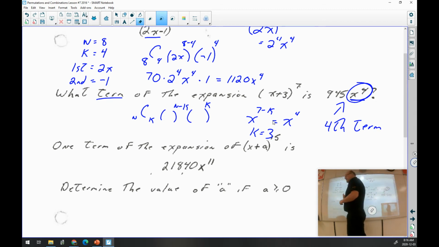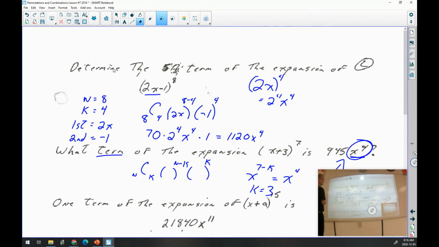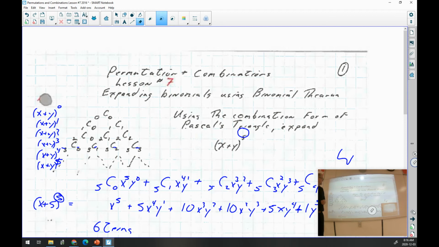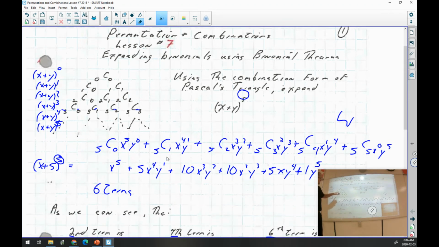Okay, we really have to look at that and remember that the k value that we are using within our formula is always 1 less than the term that we're looking for. Again, going back to Pascal's triangle on the other page, the reasoning again is everything starts off choose 0.